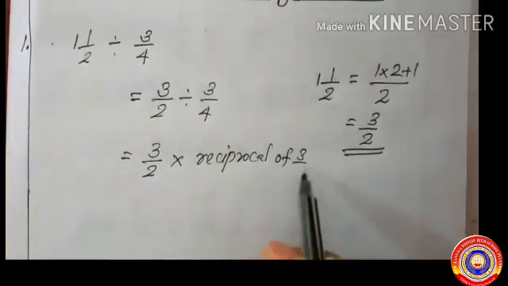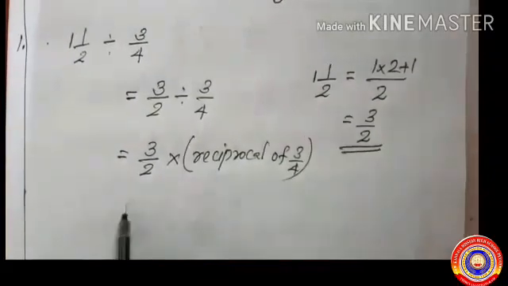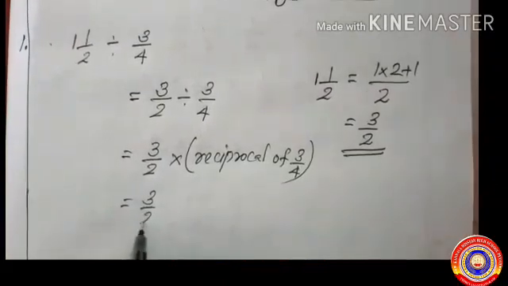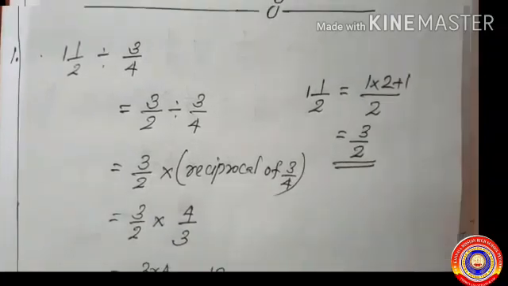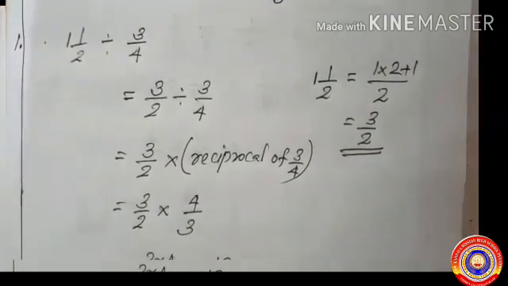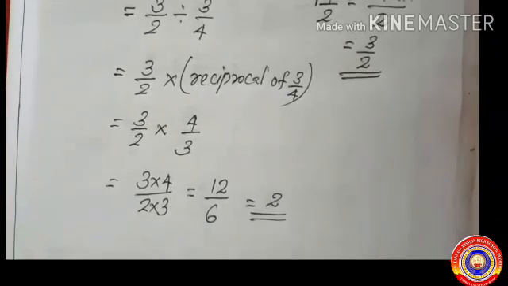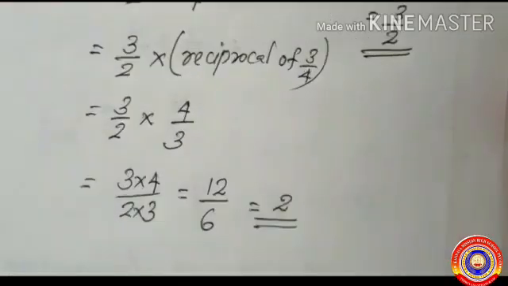We know that reciprocal of 3 by 4 is 4 by 3. So it becomes 3 by 2 into 4 by 3, which is 3 into 4 by 2 into 3, which is equal to 12 by 6, equal to 2.